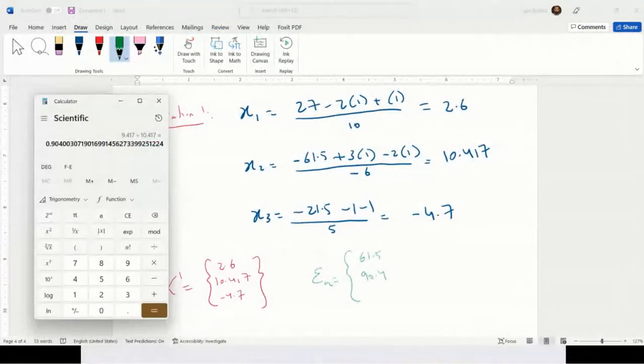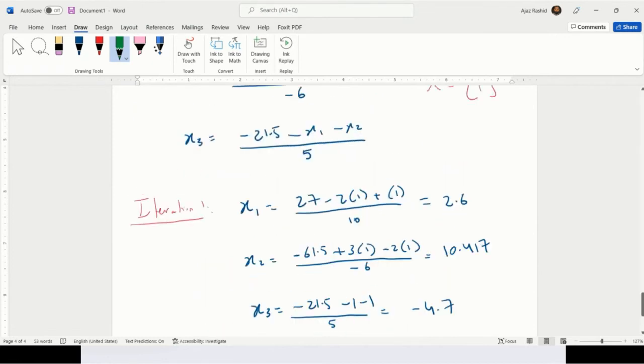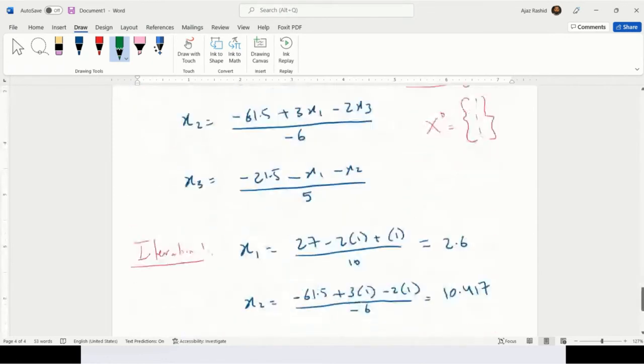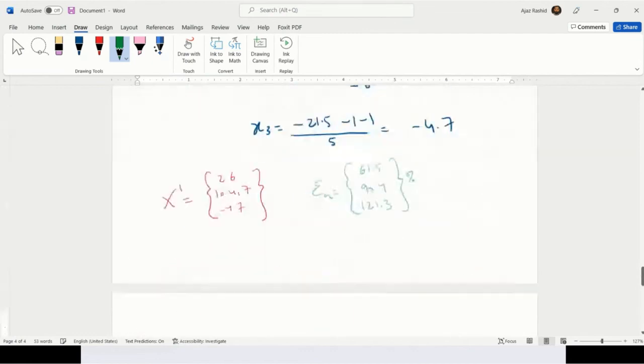Minus 4.7 minus 1 is 5.7 divided by 4.7 is 121.3% error. So those are the errors that we get. Of course, the question says to stop at 5% error. So we have to continue with more iterations.